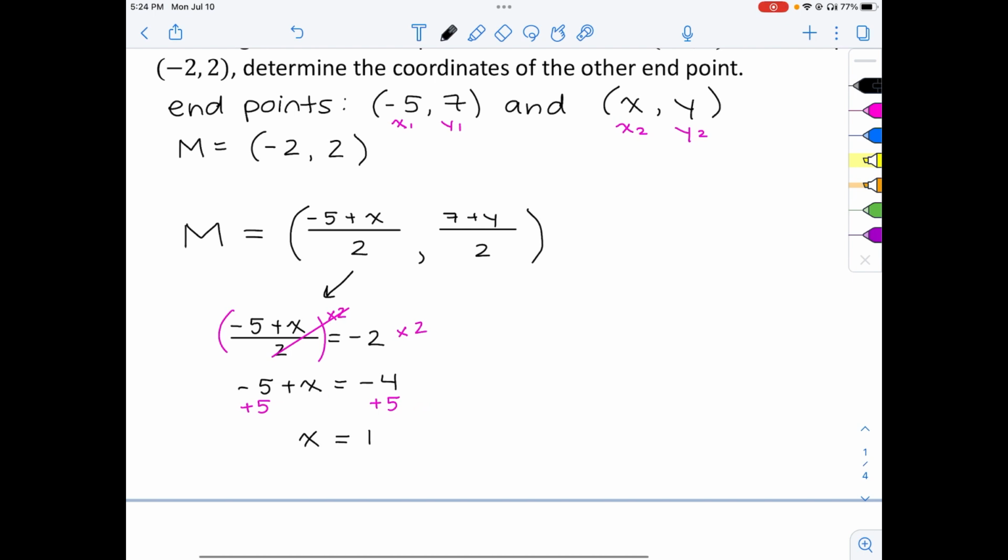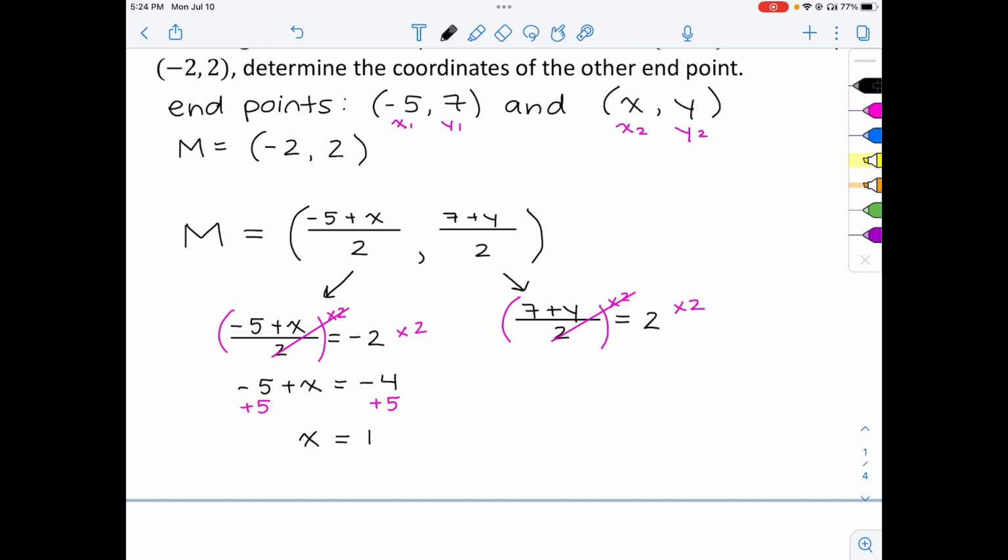Then I'm going to do the same thing with my y coordinate. Okay, so I know that whatever y is, 7 plus y divided by 2 must be equal to positive 2. Okay, and again, I know that because I'm given my midpoint, and so I know that this has to work out to give me positive 2. So same thing, the first step for when you're doing a question like this is always going to be multiply both sides by 2 because your midpoint formula is always being divided by 2.